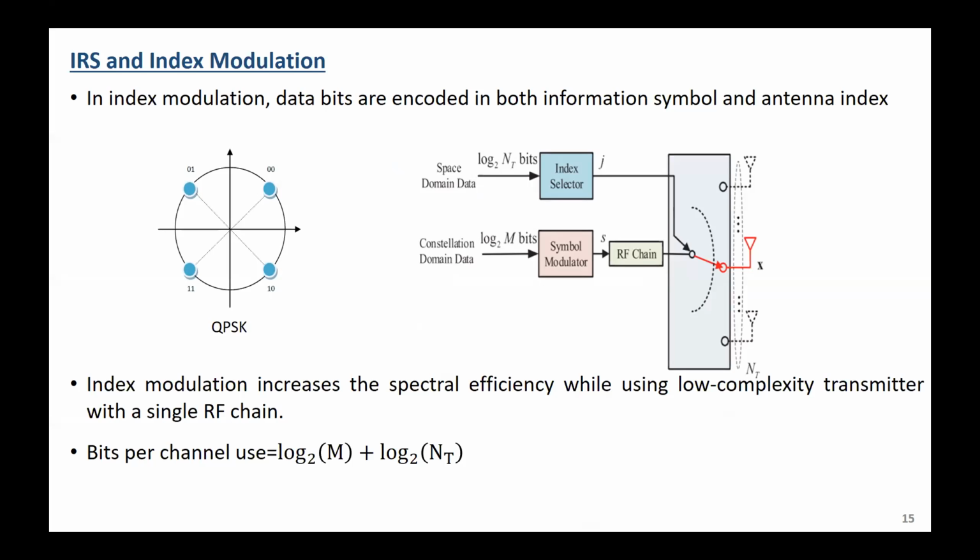In this way, you can improve the bits per channel use from log2 M, if we are speaking about a SISO system, to log2 M plus log2 NT, while maintaining a single RF chain, a very simple transmitter. You could, by just doing index modulation and modulating data over the antenna index, improve the spectral efficiency.